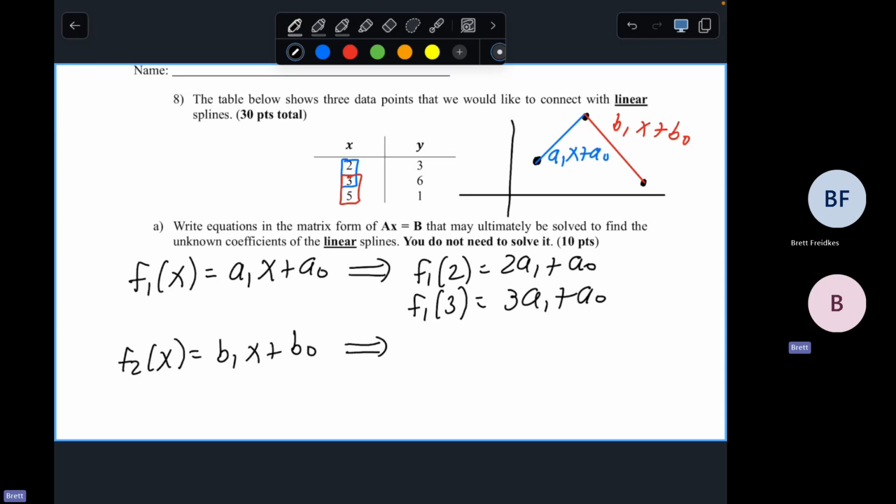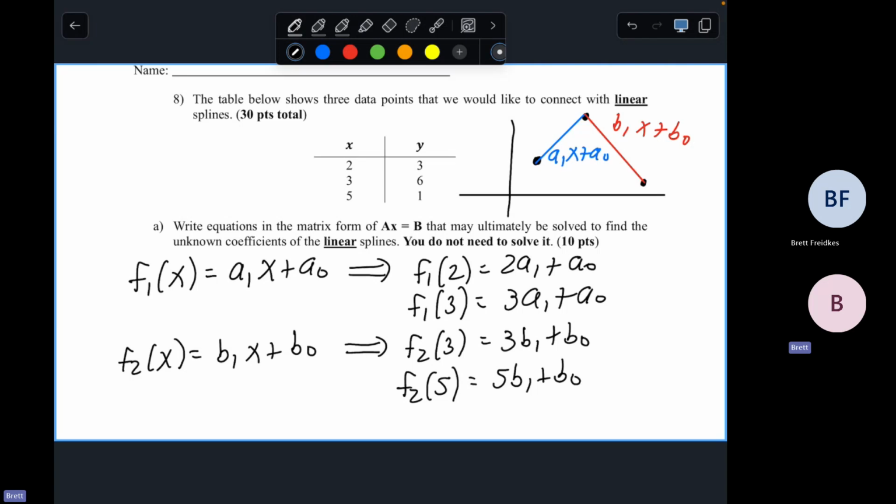This equation is true for which x values? 3 and 5. So f2 of 3 is equal to 3b1 plus b0. And f2 of 5 is equal to 5b1 plus b0.